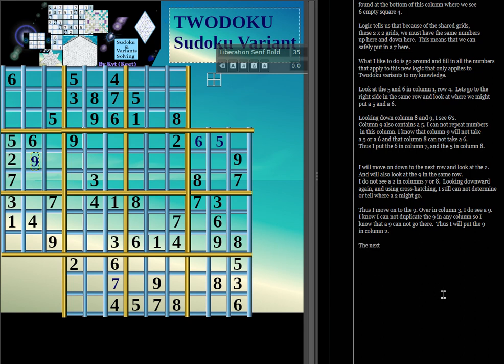The next row contains a 7 on the left side and an 8 and 7 on the right side. Because the 7 is already in on the right side, I will focus on the 8.